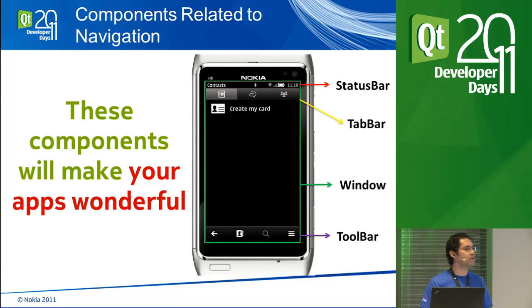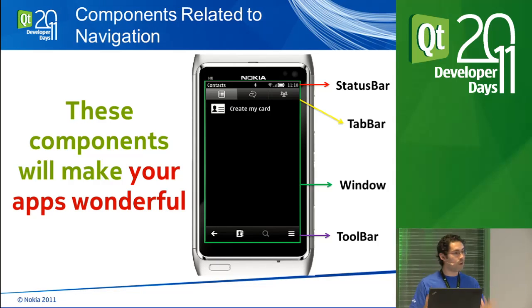But we also have some components that go beyond that and just will make your application wonderful. So these are the components that we're going to cover today. It's not only switches, checkboxes, things like that, but these elements that ensure navigation in your application, ensure that you have a good use of the memory.